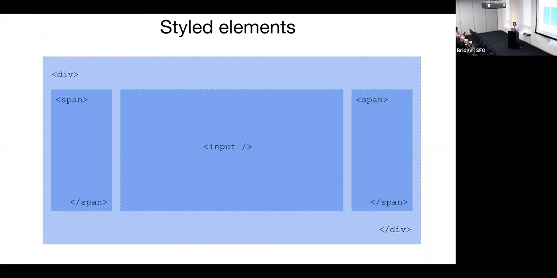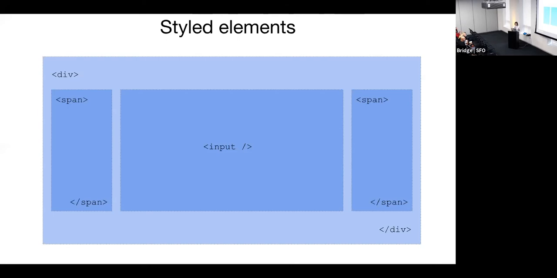Let's move to our styled elements. We call them styled components, but I use styled element as a replaceable term, because every one of our styled components renders only a single HTML element.